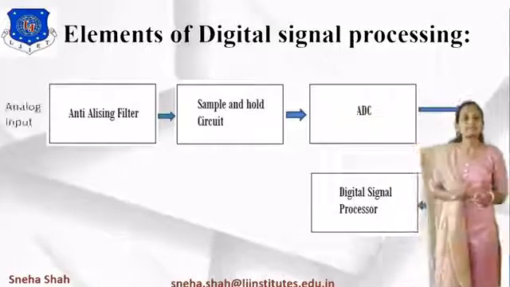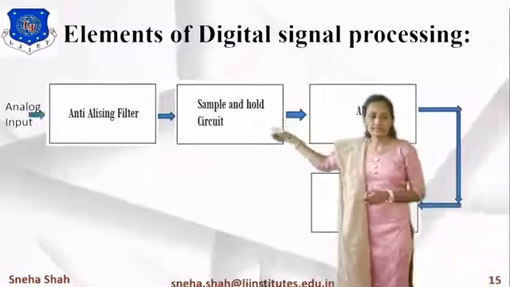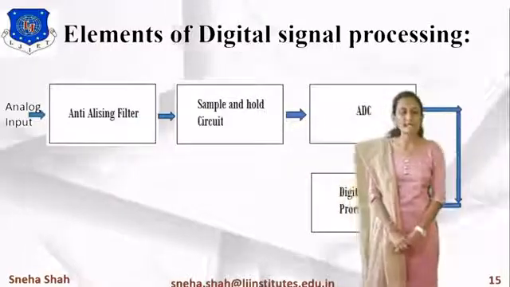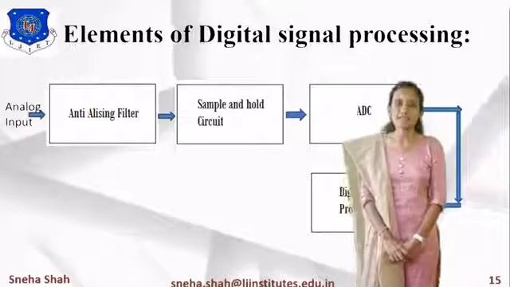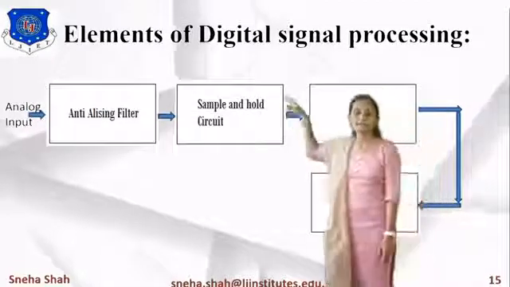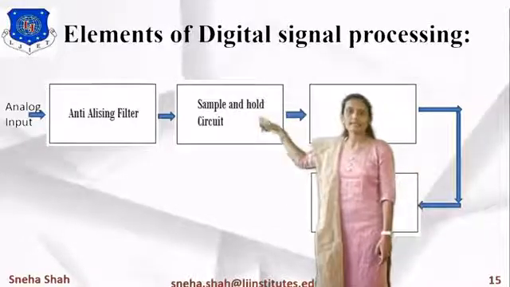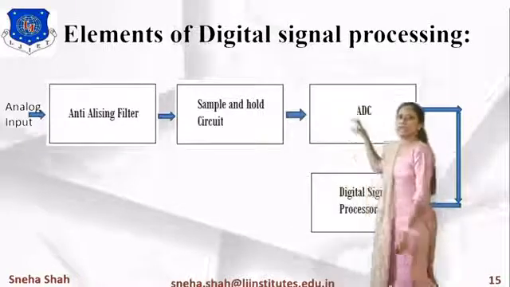Basically we apply this analog input to the anti-aliasing filter, which will remove the high frequency noise or aliasing error. Then it gives the signal to the sample and hold circuit. Then the output of it is given to the analog to digital converter, and the output is in digital form.